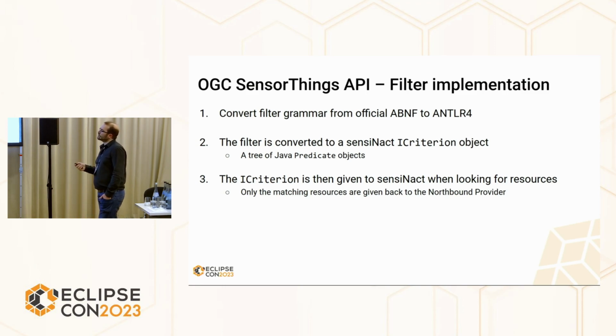And in fact, we converted that into a high criterion object for SensiNact. A high criterion is something you give to the core of SensiNact. It will go through all providers, apply it, and return you all the providers and resources that match what you want. The idea is to have the minimal snapshot of everything in memory. You give that to the OGC SensorThings provider, and it can do its manipulation to return something that matches what OGC wants.